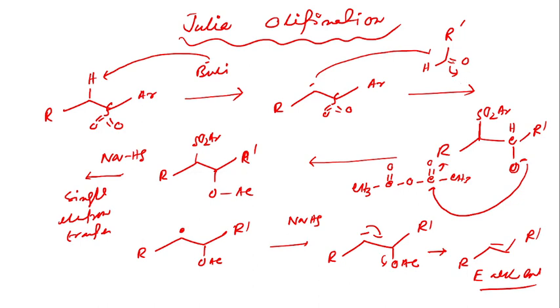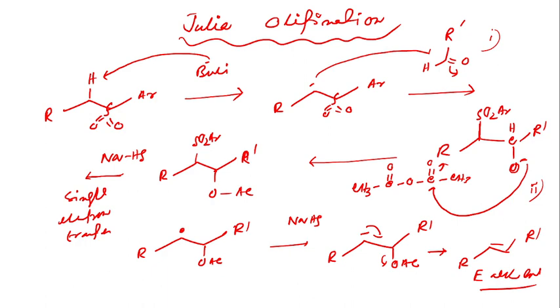One is the attack on these things, this is number 1, and number 2, the quencher. Definitely you will be given a quencher, that is acetic anhydride. If you get these 2 things, it is going to be the Julia olefination. I hope you have understood this mechanism. It is a very easy mechanism. Just practicing 3-4 times is enough.